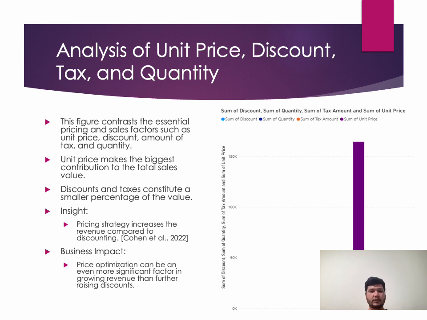It is analyzed that unit price provides the largest contribution to the total sales value as compared to discounts and tax that comprise a smaller share. This implies that the pricing strategy is more successful in generating revenue as compared to heavy discounting. Thus, optimization of pricing decisions can be more efficient in increasing the revenue than using greater discounts.